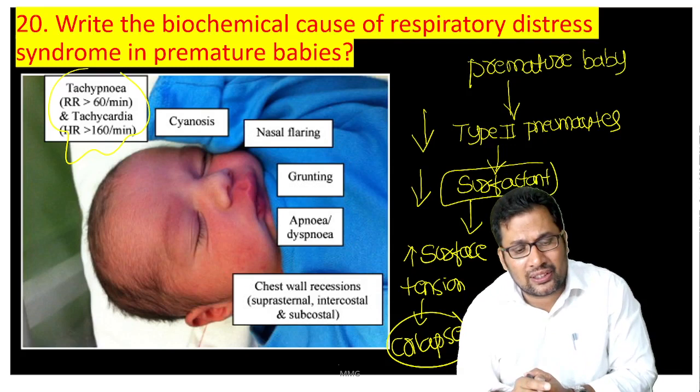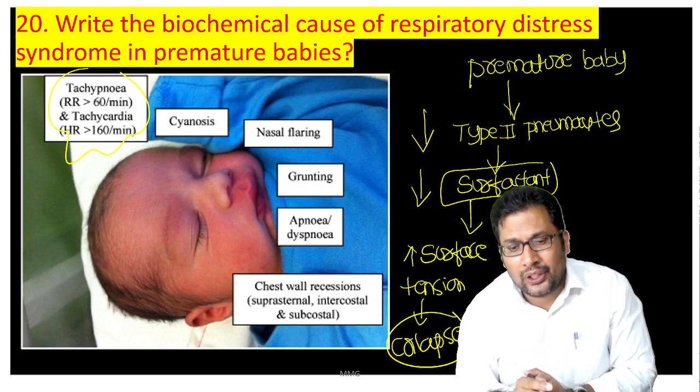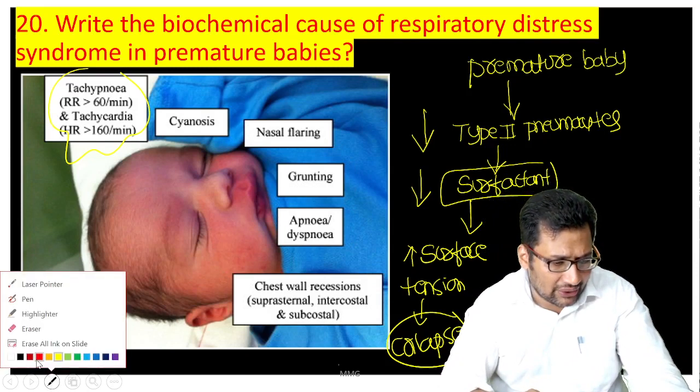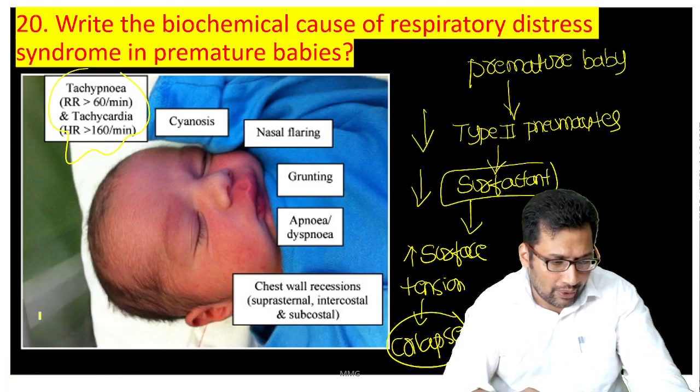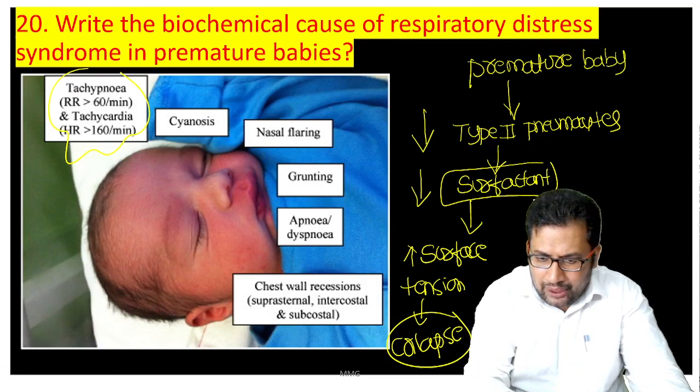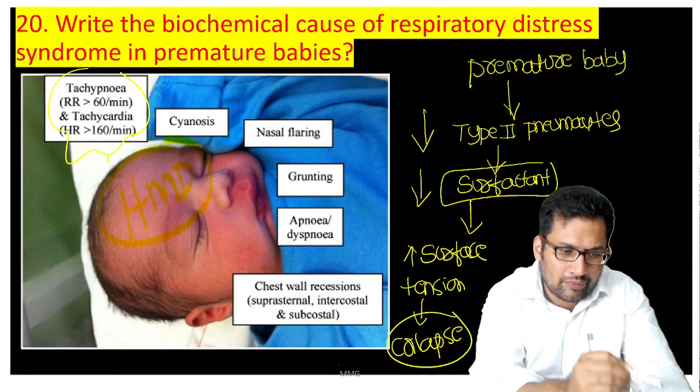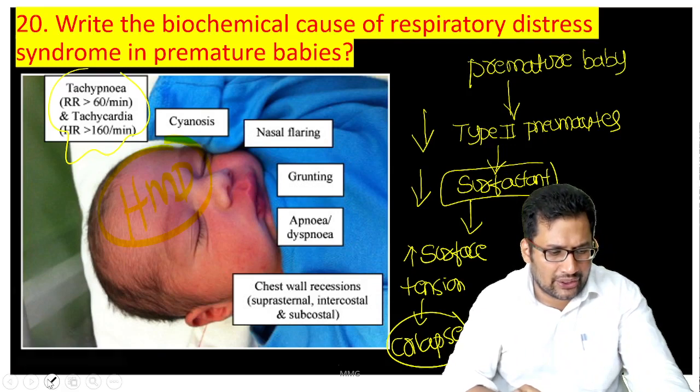Suprasternal, intercostal, and subcostal recessions are common. This is also known as hyaline membrane disease, HMD.